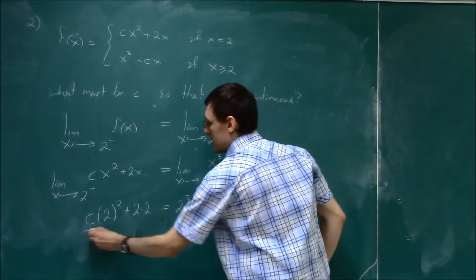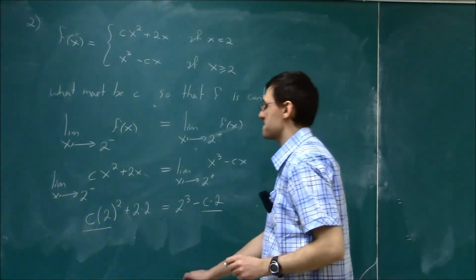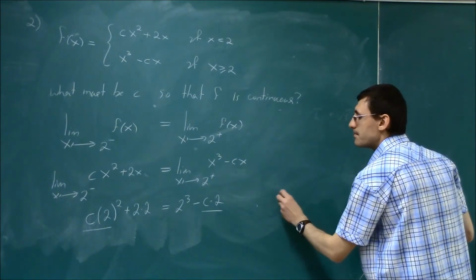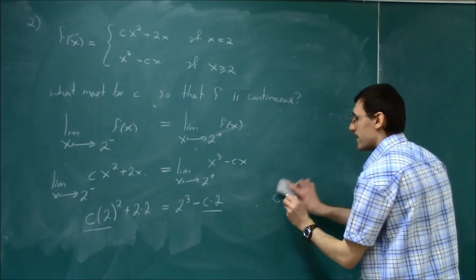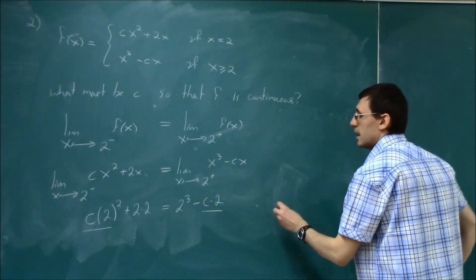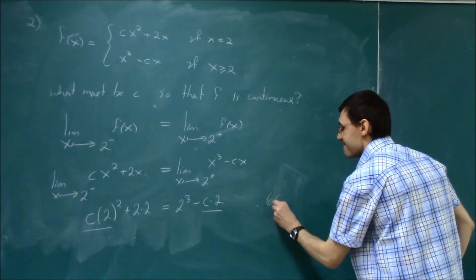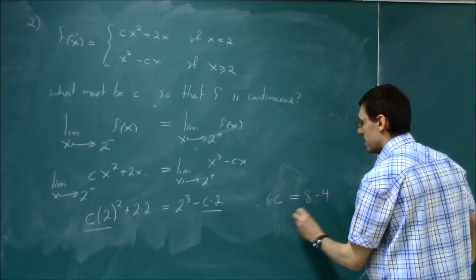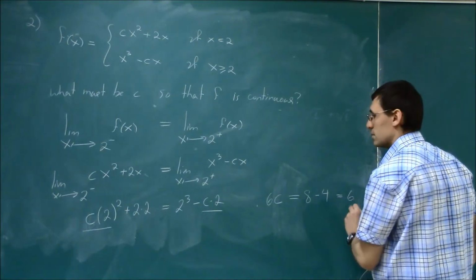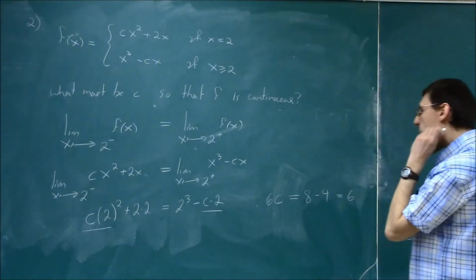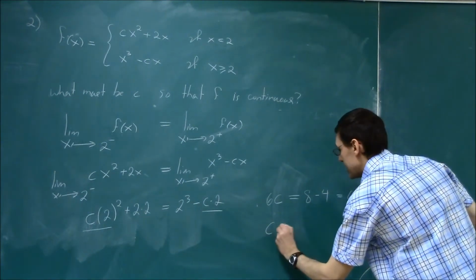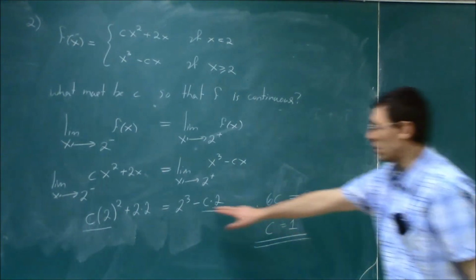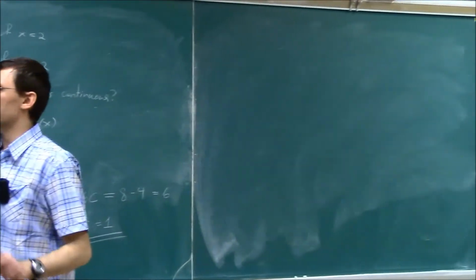So if I move this around, the result would be that 6c is equal to 8 minus 4, which is also 6. And therefore c must equal 1. Just solve this linear equation. The next question is slightly more difficult.